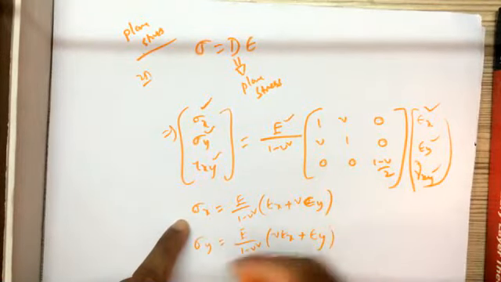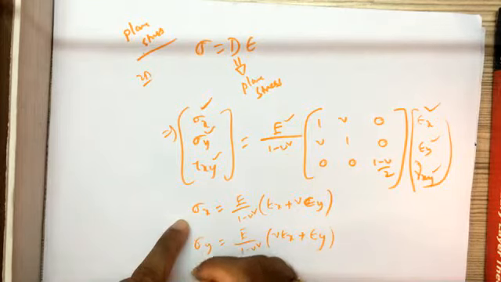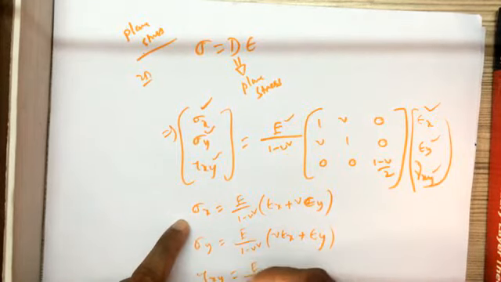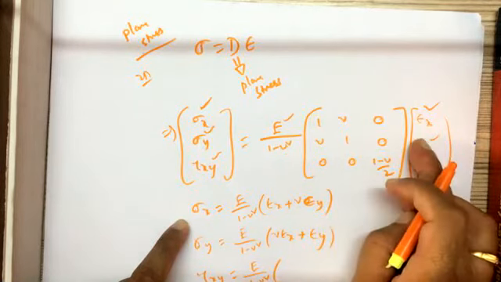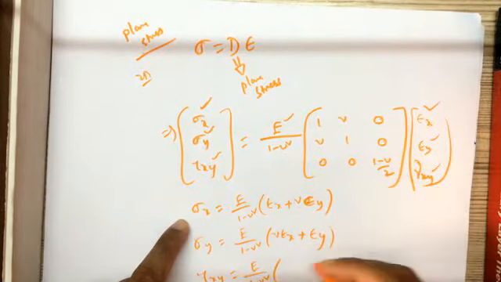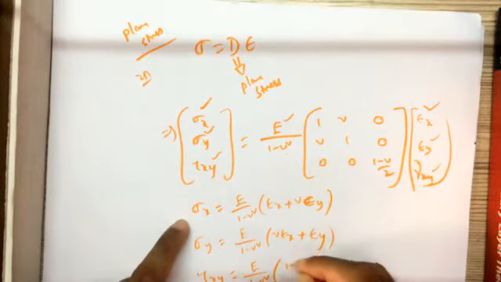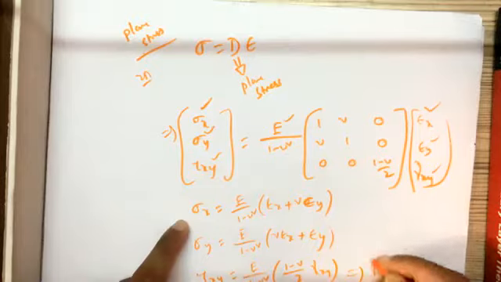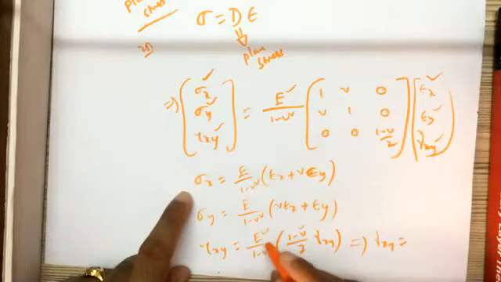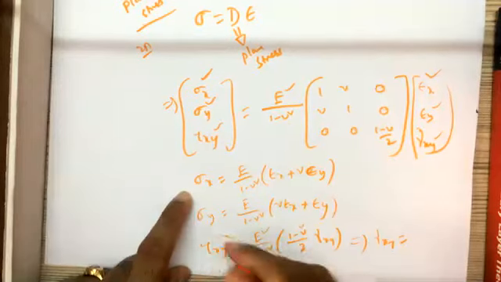Similarly, tau xy is equal to E by 1 minus nu square into 0 into something plus 0 into something plus (1 minus nu) by 2 into gamma xy. You can directly get gamma xy from here. You know E, you know Poisson's ratio nu, and you know tau xy, which is already given.